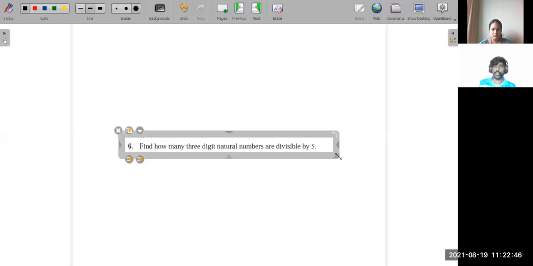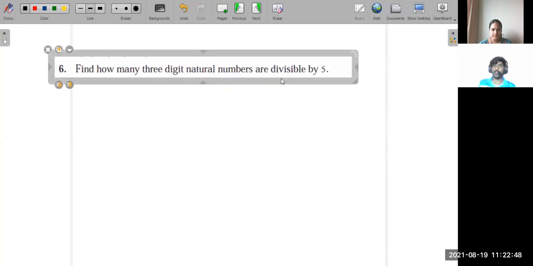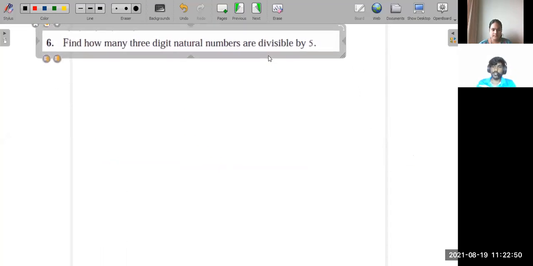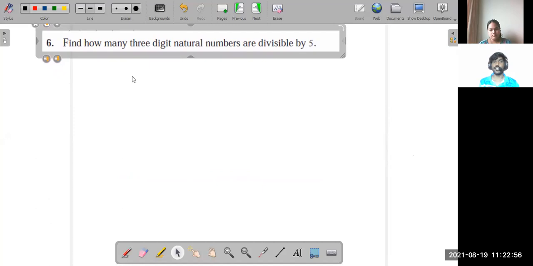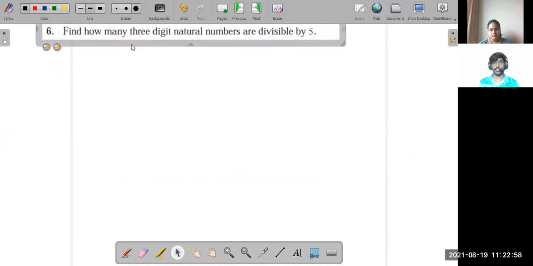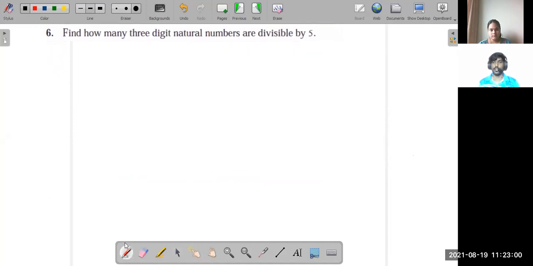Okay, so now here they're asking you, find how many three-digit numbers are divisible by 5. So you have to find the total number of three-digit numbers divisible by 5. First, find the first, or the smallest, three-digit number divisible by 5. Can you think of it?